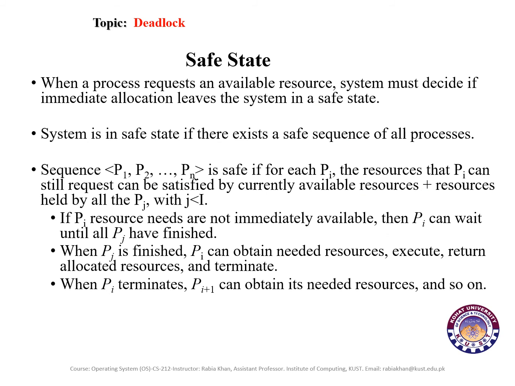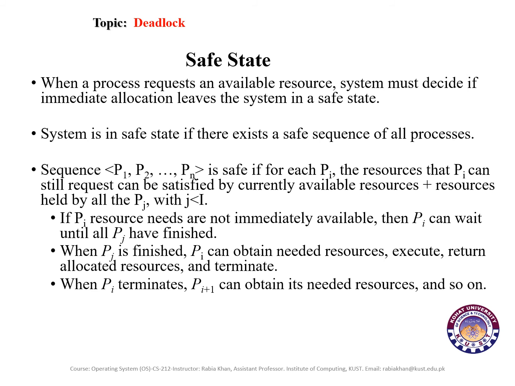We need to define safe and unsafe states for the resource allocation. When a process requests a resource, the operating system first analyzes if the immediate allocation of the resource to the requesting process will leave the system in a safe or unsafe state.